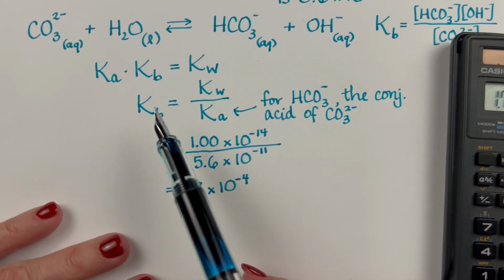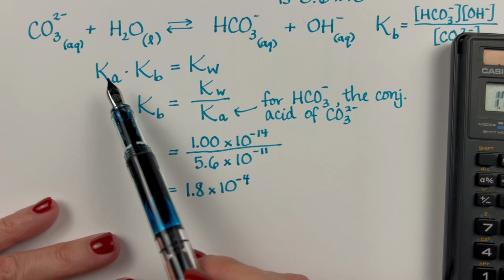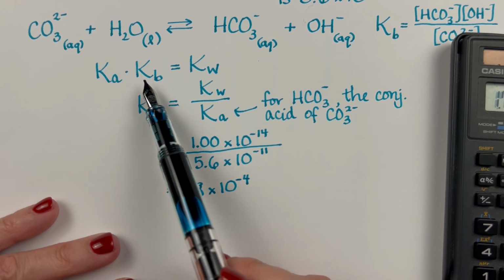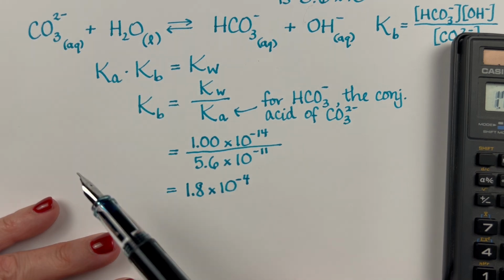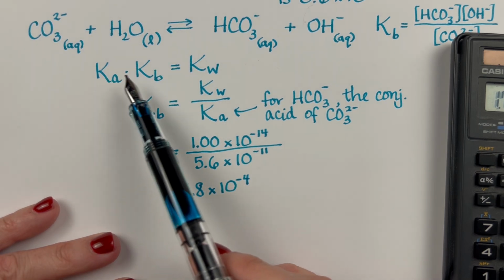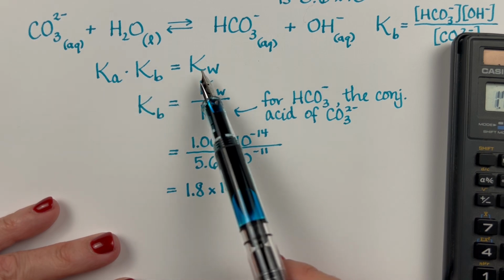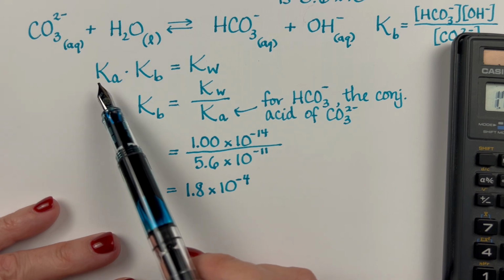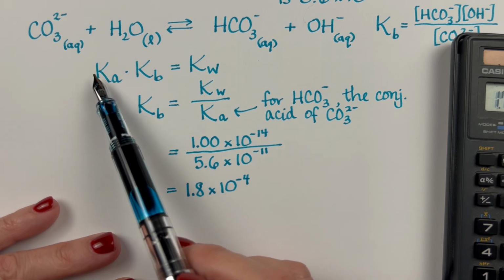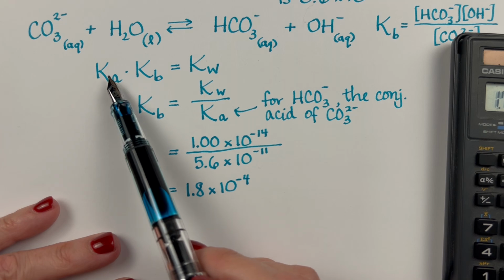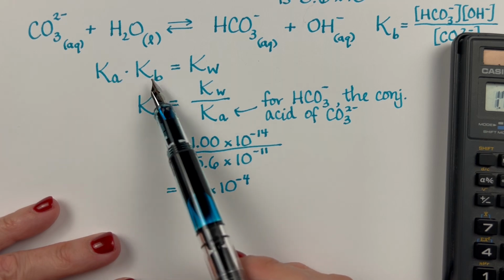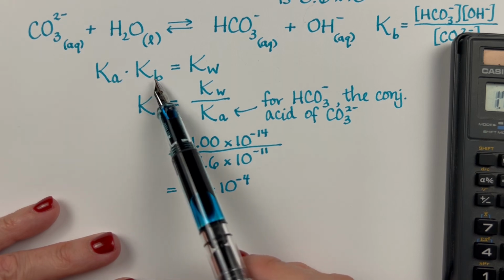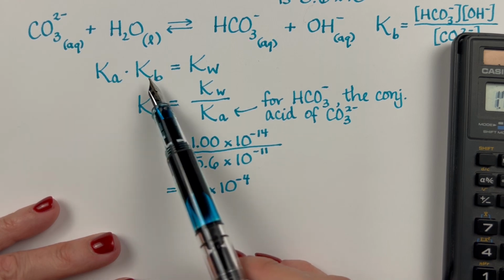Also wanted to point out that you can see how the acid-base strength is related with these conjugate acid-base pairs because their product equals a constant, Kw. As the Ka value for the conjugate acid gets larger, that means that the Kb value for the conjugate base gets smaller, and vice versa.